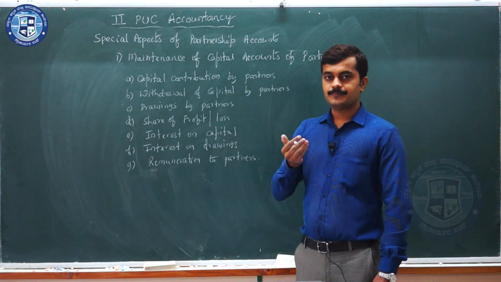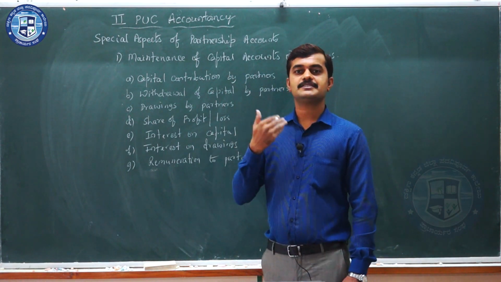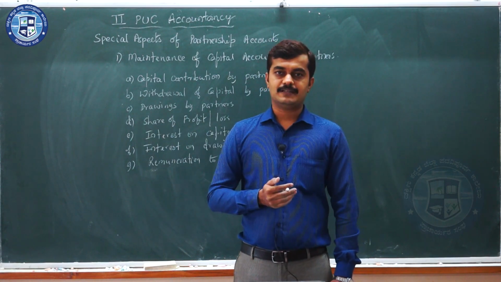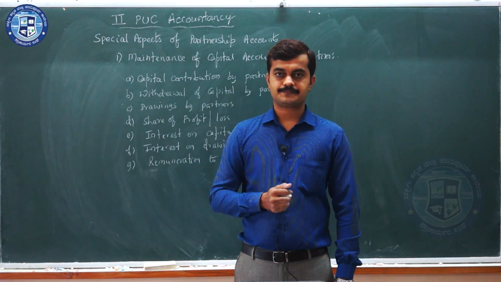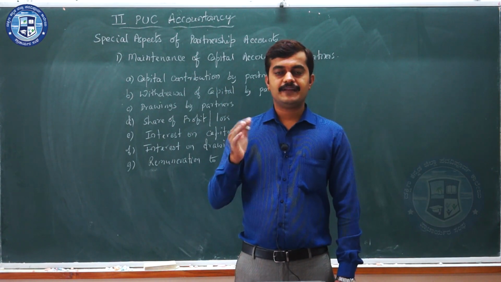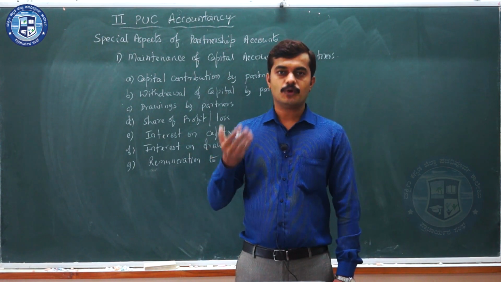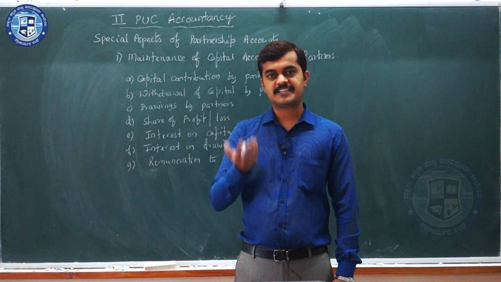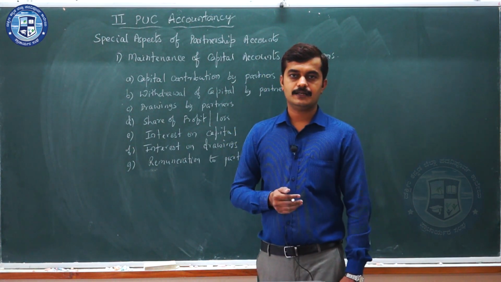When the firm is new, at the time of its establishment, partners will contribute capital. We call it initial capital contribution. Later, whenever they require more capital for the activities of business or for the expansion of business, then they may introduce additional capital during that year.